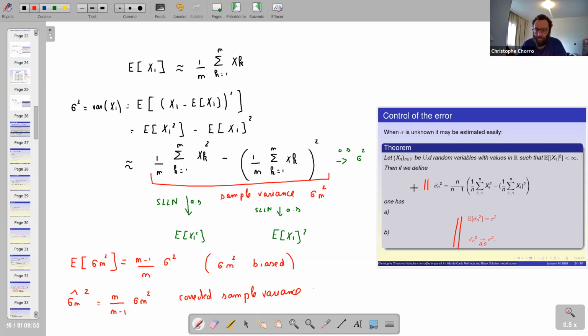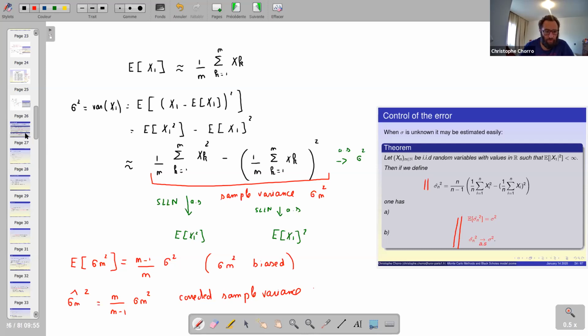So at this stage, from the strong law of large number, I have a theoretical methodology in order to approximate an expectation using average of samples. By the central limit theorem, I can build confidence intervals, but unfortunately, these intervals depend on sigma that I don't know a priori. And here you have a way to approximate sigma square, and so sigma.